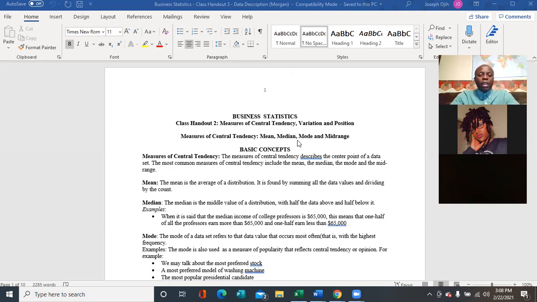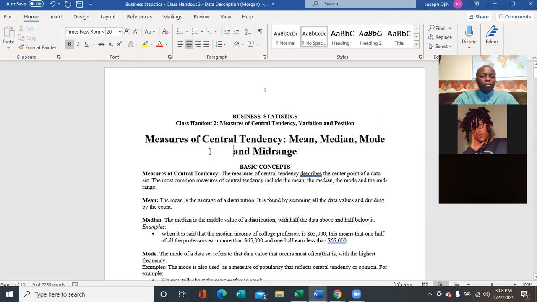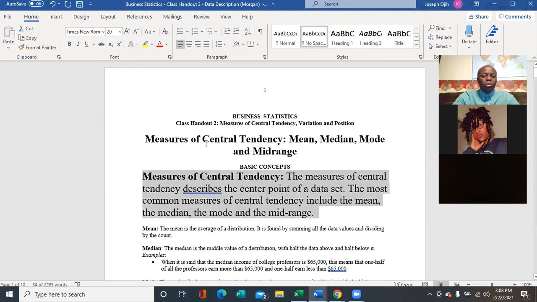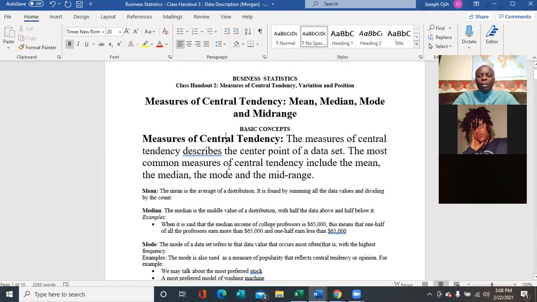Now, we'll start with the measures of central tendency. The measures of central tendency are so called because we use them to describe the center point of a data set or distribution.